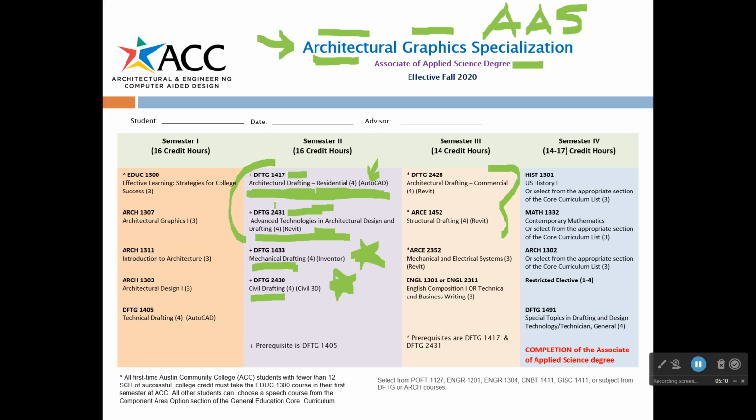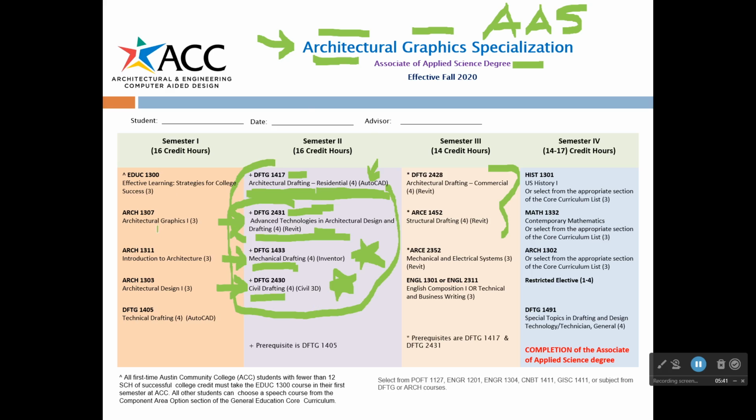So really what I'm showing you here is that 2431, 1433, and 2430, these three, are required on three of our degrees: architectural CAD, mechanical CAD, and civil CAD. Then you choose from among these as restricted electives in the electronic CAD associate degree.